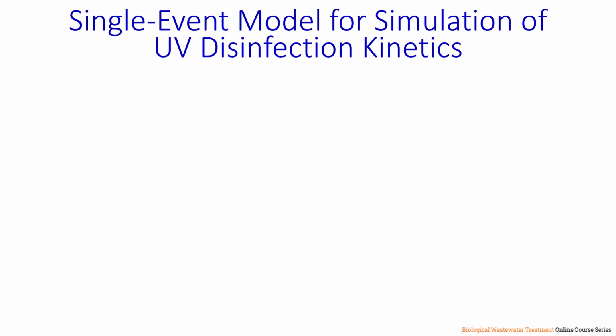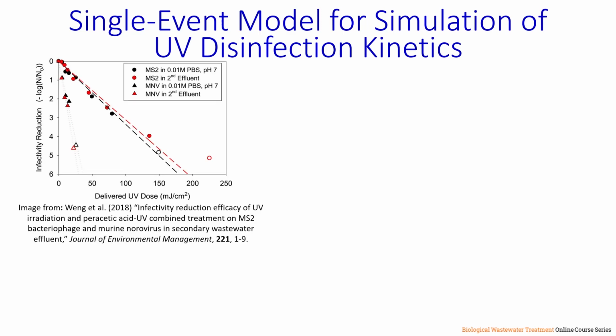So let's examine the use of the single event model for simulation of UV disinfection kinetics. Does it work is really the question. And the answer is, for many microbial and viral populations, yes, the single event model works well. So here's an example of a paper that was published in 2018 in which the infectivity of the murine norovirus, or MNV, as indicated by the triangles here, is described as a function of the applied or delivered UV dose.